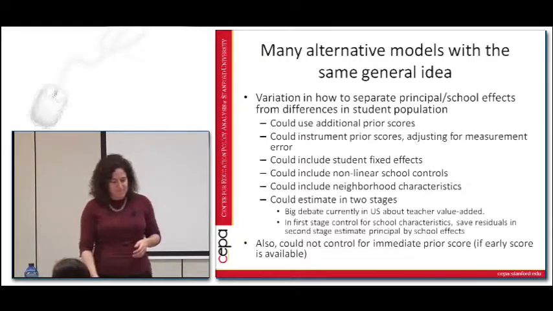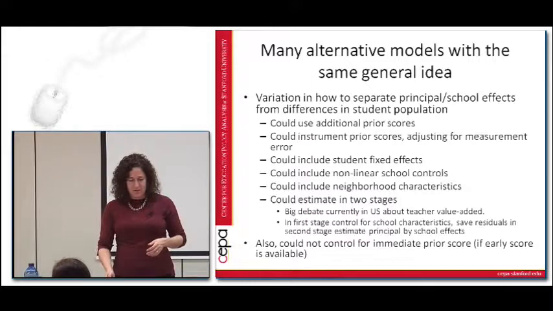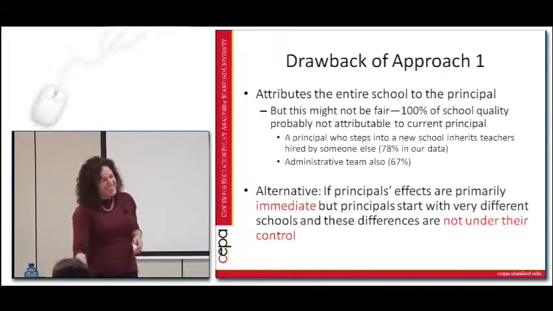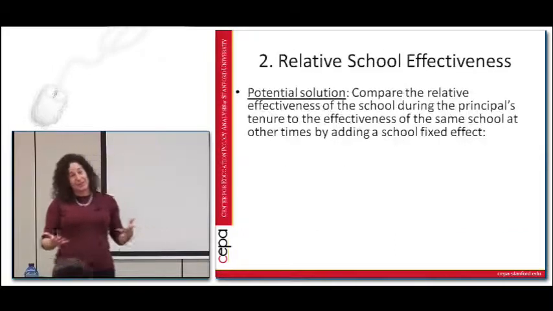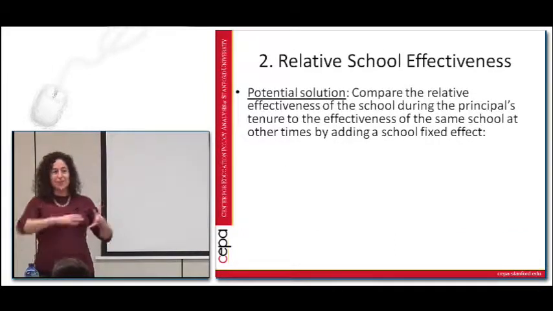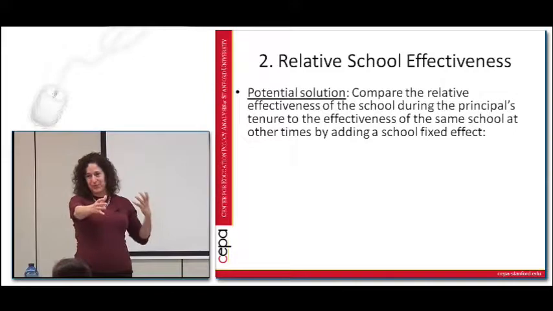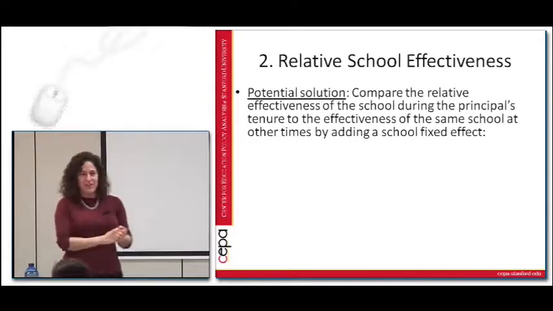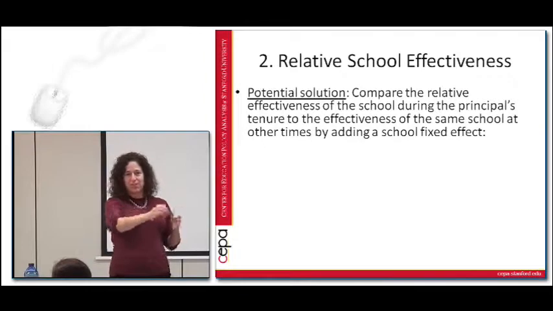And there's a drawback to that, too. So it's actually really quite a big drawback. And that is, one, you have to have a really long panel. You need to be able to observe test scores for a long time, because you have to have multiple principals in a school.